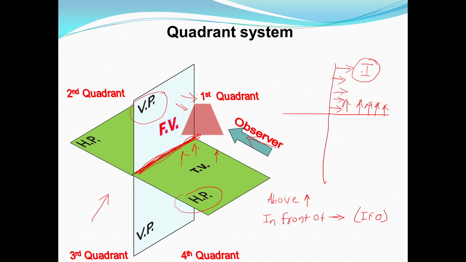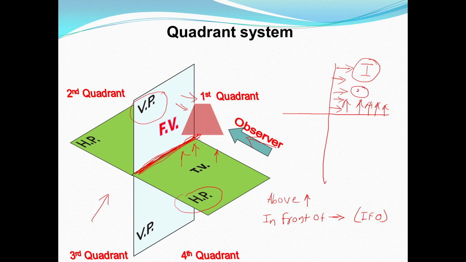Examples are given like: the point is in the first quadrant, 30 mm above the horizontal plane, 20 mm in front of the vertical plane. This is the horizontal plane, and here is 30 mm above the horizontal plane. This point is 20 mm in front of the vertical plane.